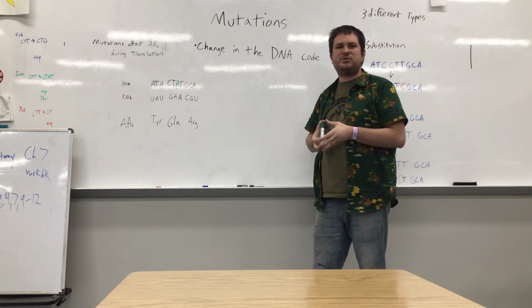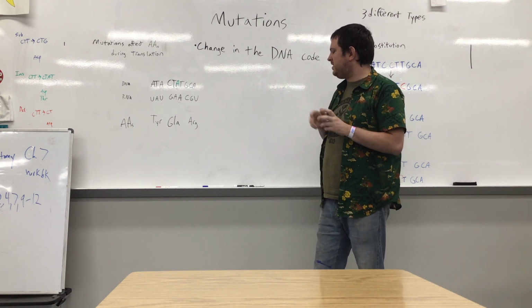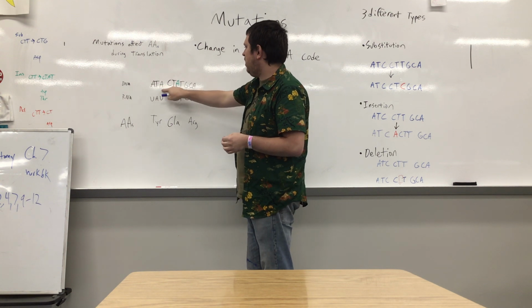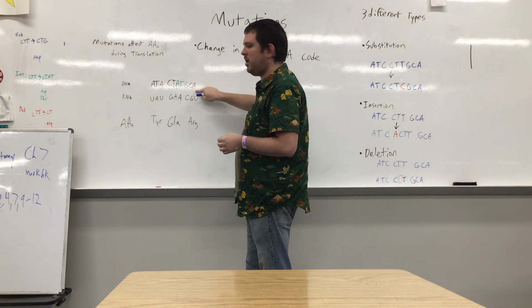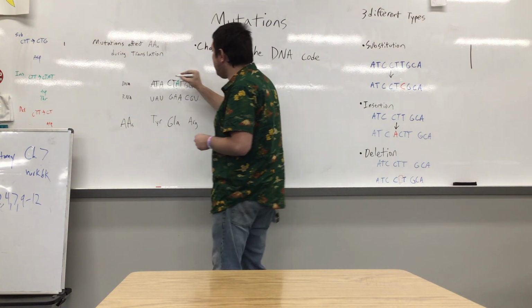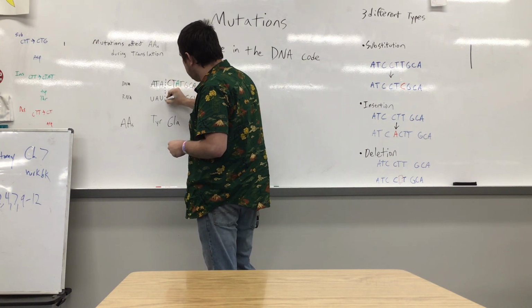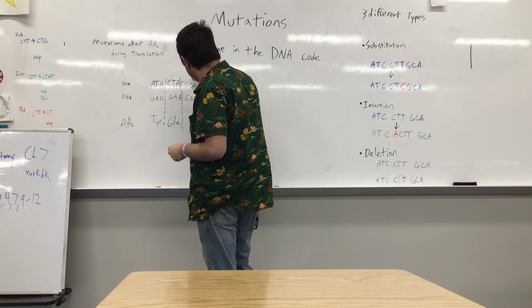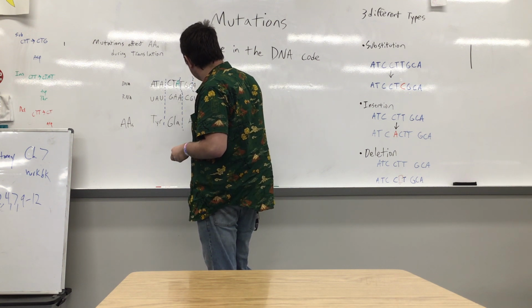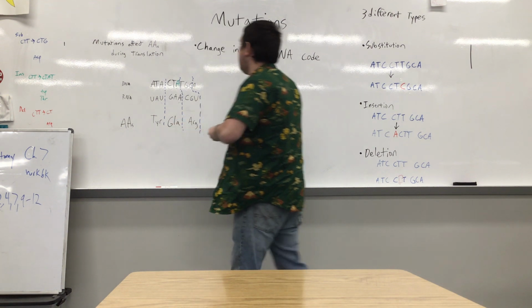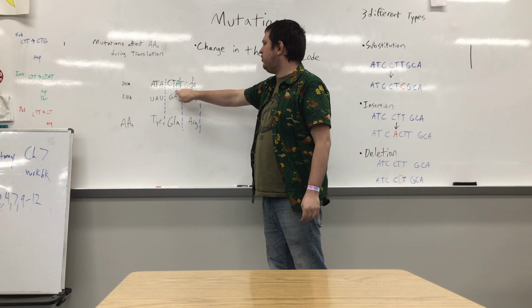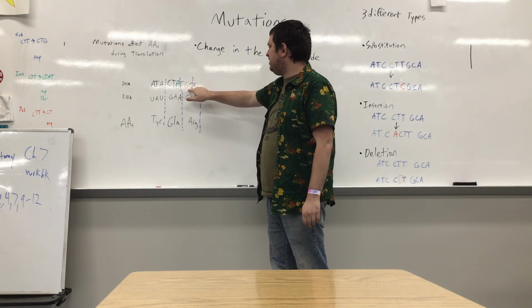We have added an extra letter. Now, the big difference that makes is before we had us already separated into our codons, our three-letter words. We have now changed the codons. And that change results in CTA being our new codon, and then TGC.